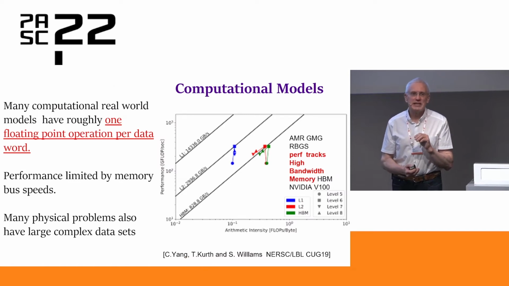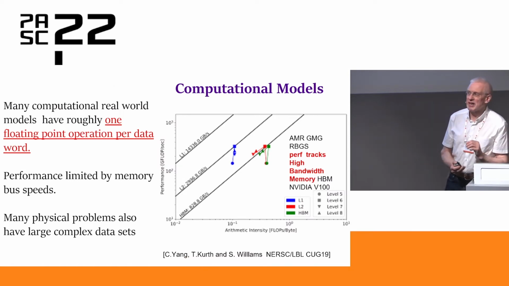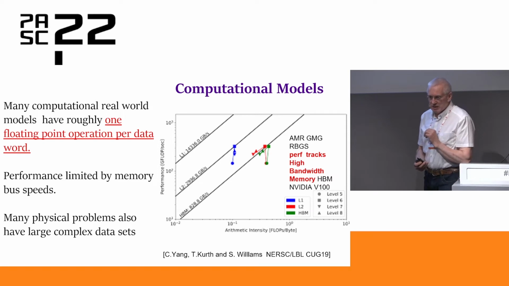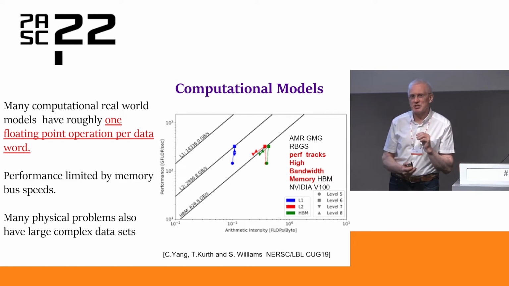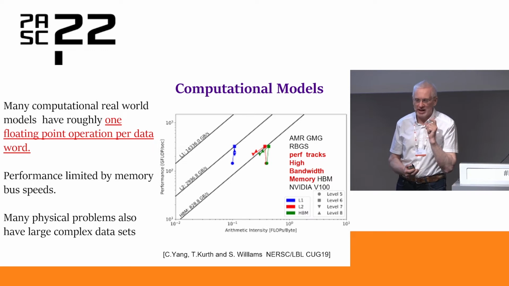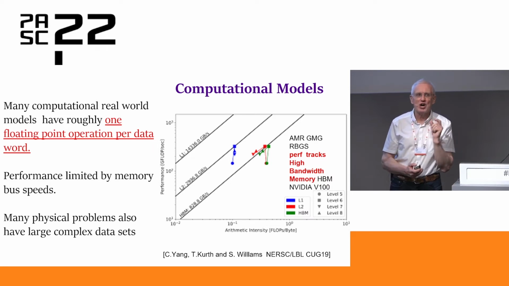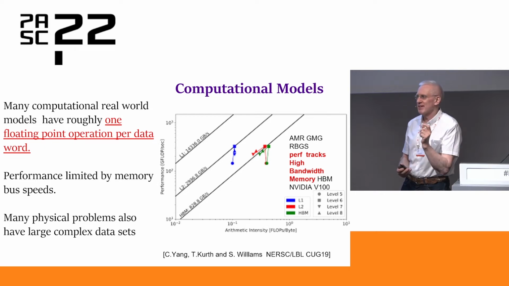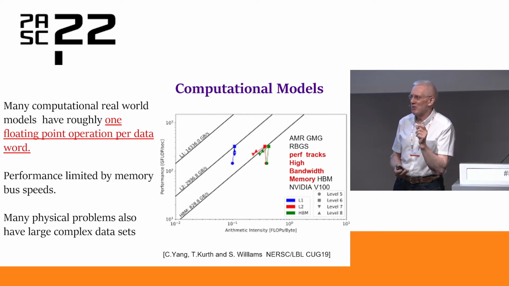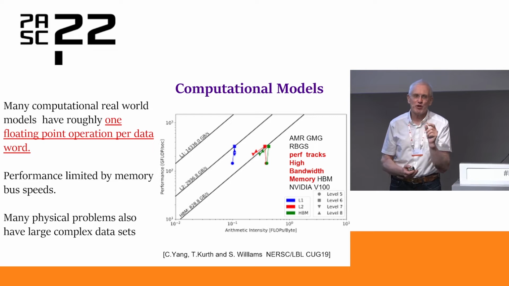If you look at many of the computational models that we have, they're characterized by the fact that for every data item, you really only have, if you're lucky, as somebody said to me yesterday from the weather forecasting community, one floating point operation per word, okay?